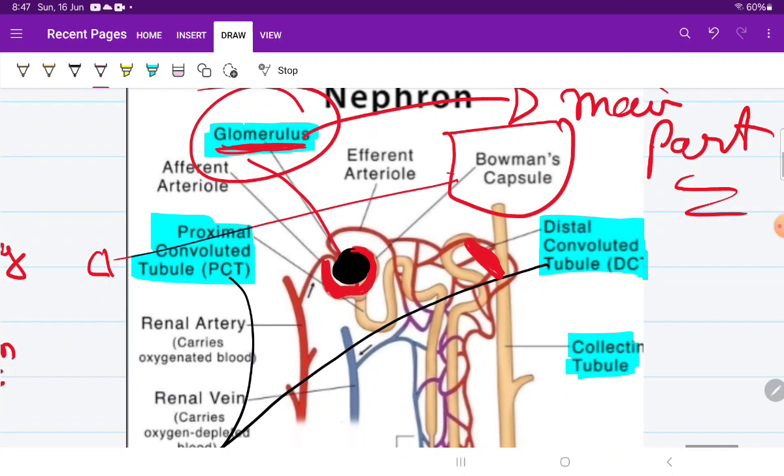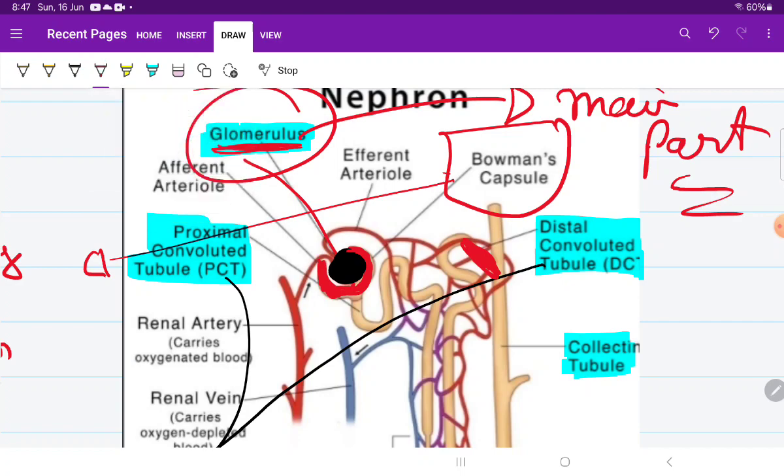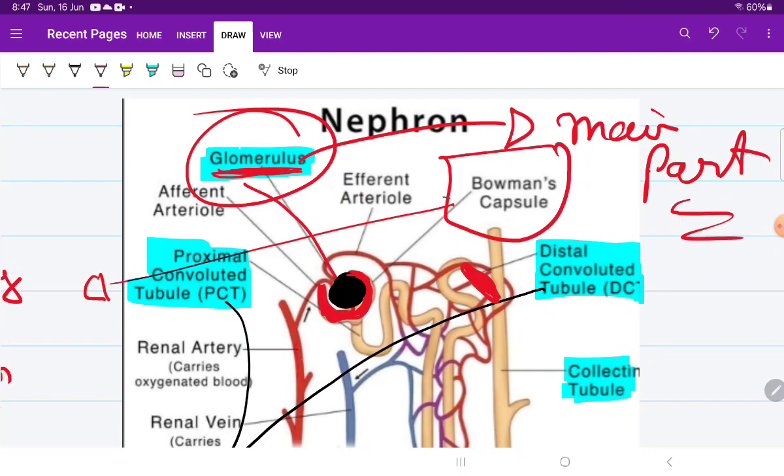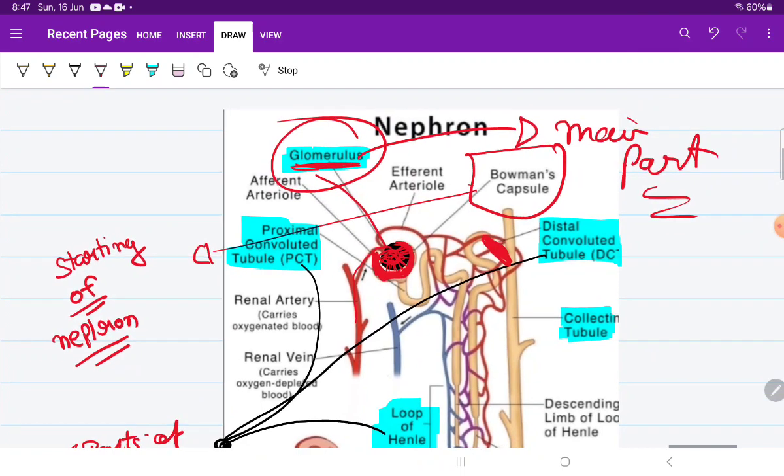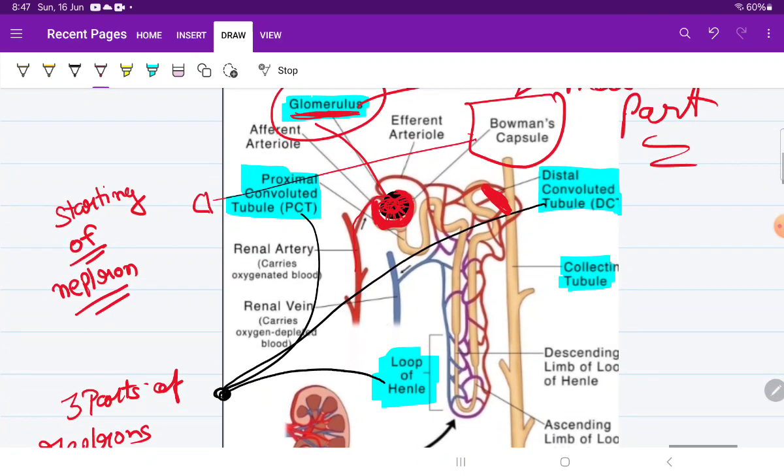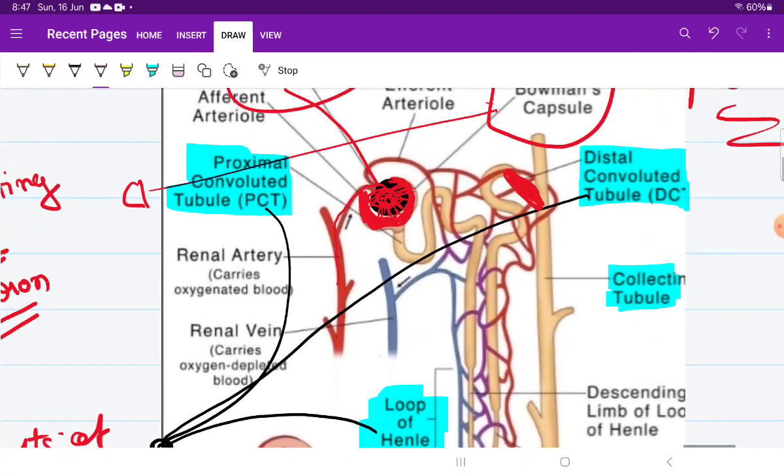This two-walled Bowman capsule is there, and the glomerulus is trapped in it. When all the blood is transferred through the Bowman capsule, all the waste material and other things are absorbed by the Bowman's capsule. Okay, and there is a high-pressure filtration that takes place, due to which the important things like salt, glucose, carbohydrates, etc. are absorbed.